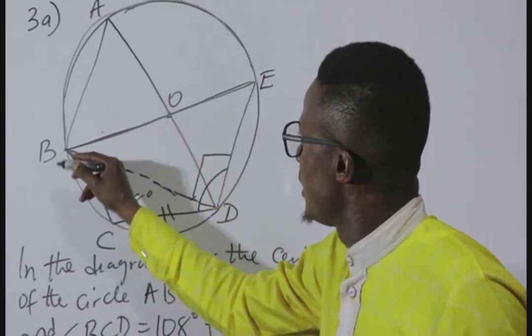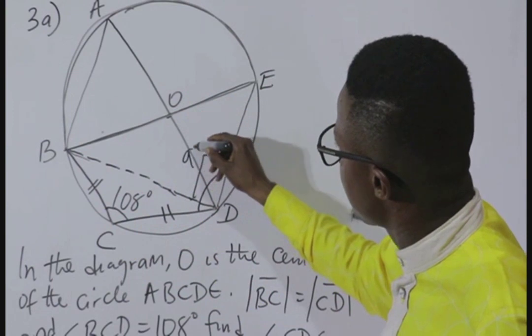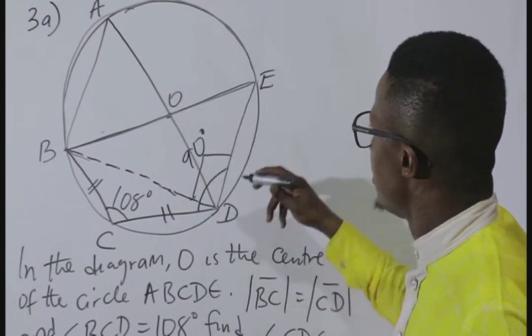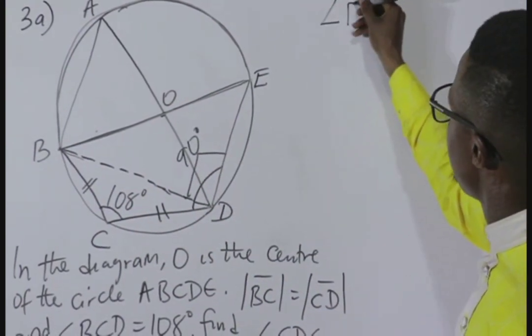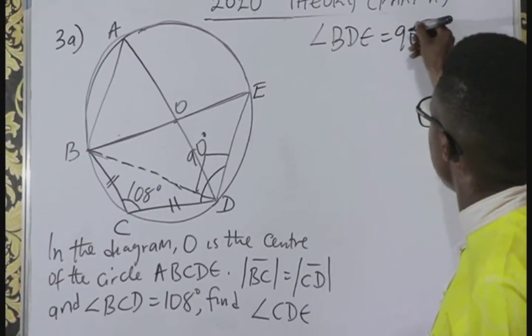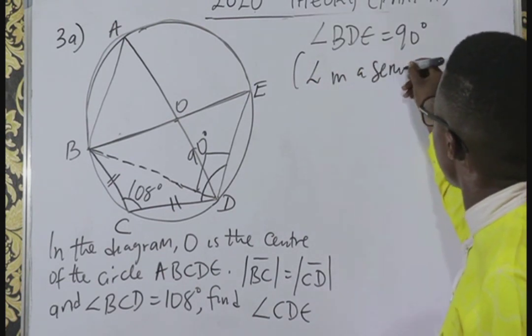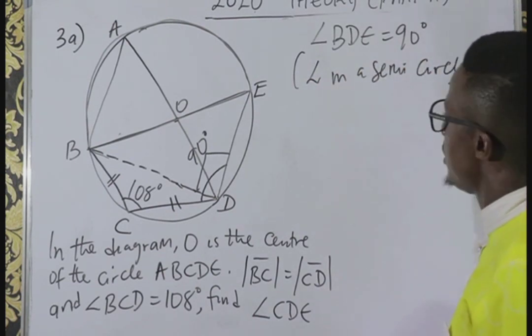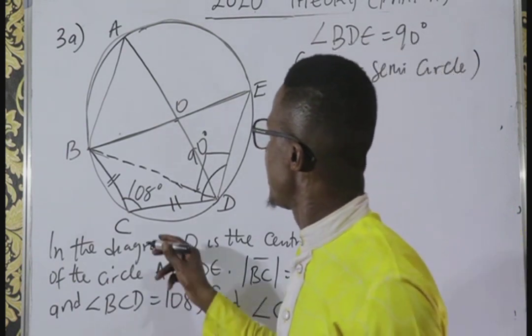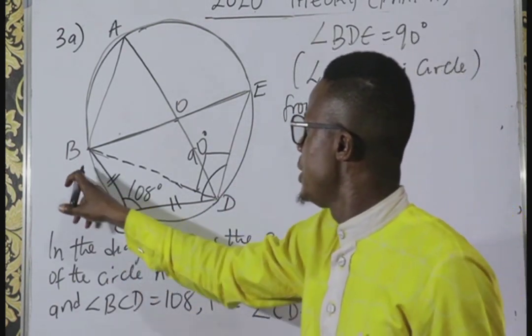Since this is a diameter, this is a semicircle, and angle at a semicircle is 90. Therefore, this angle here is 90 degrees. So you can write angle BDE equal to 90 degrees. Reason, angle in a semicircle. But consider triangle BCD.